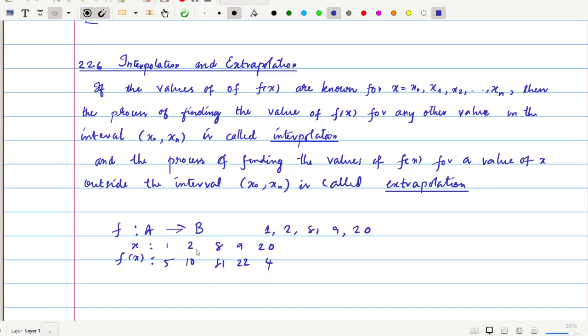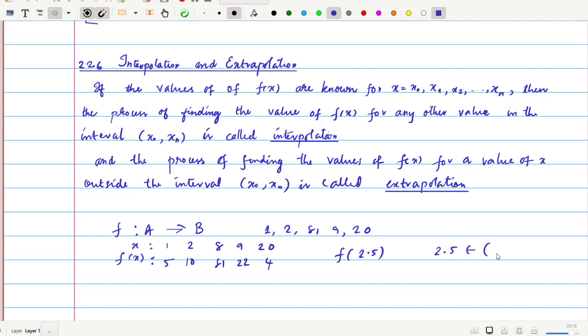Suppose these are the given values, or you are given a finite number of n tuples (x, f(x)). Using these values of x and f(x), how can you find the value of f at 2.5? That means we need to find the value of the function f at the point 2.5.